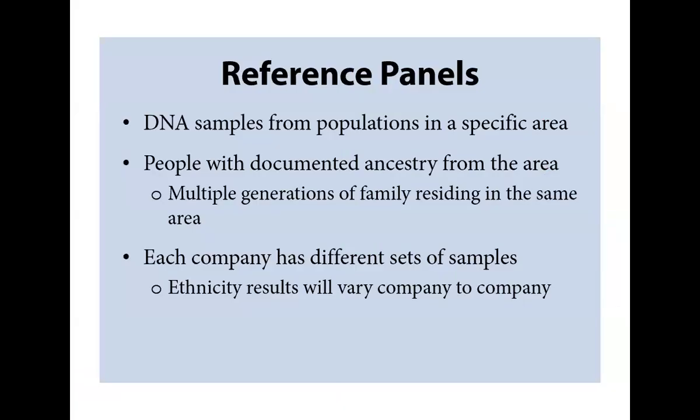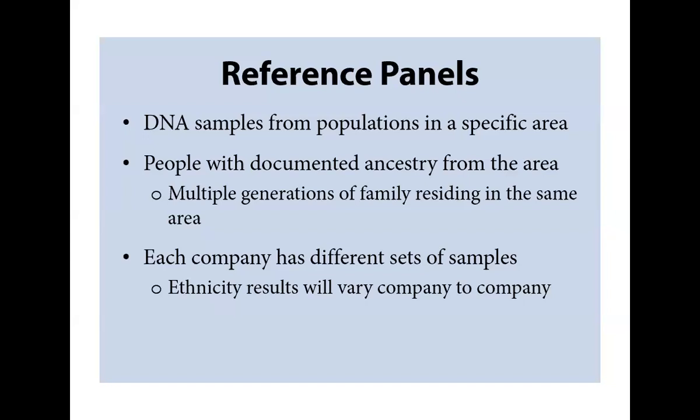When I mentioned that they use different algorithms, they use what are called reference panels, which means they're taking DNA from people whose families have lived in different populations for a very long time. If we wanted to compare DNA to someone that had family in, let's say, Poland, we would want family that have stayed in the same area for multiple generations, to make it a more consistent control for comparing those results.